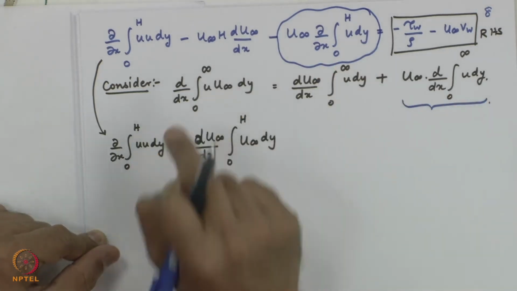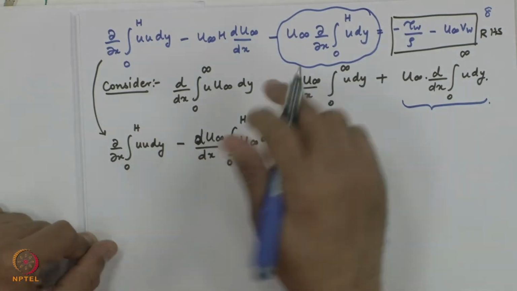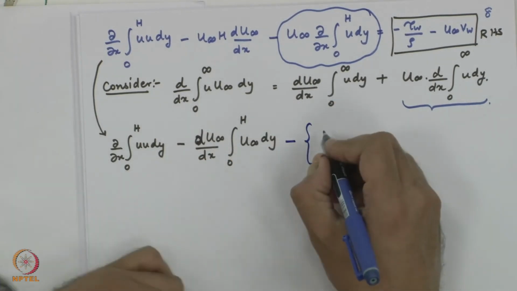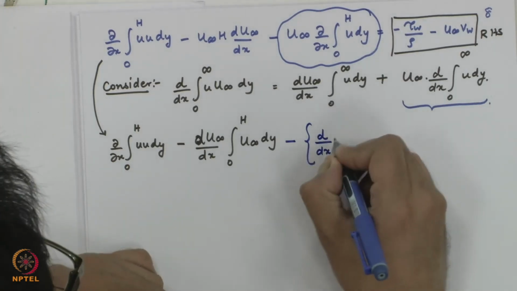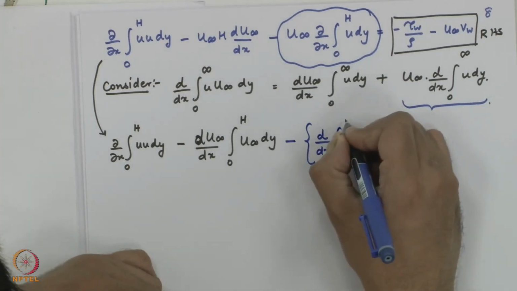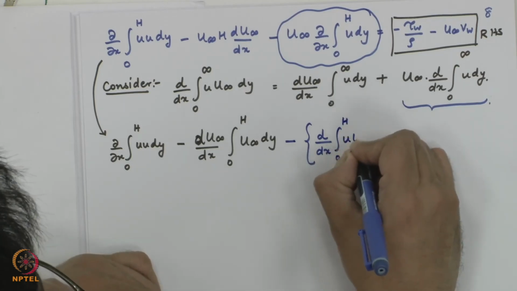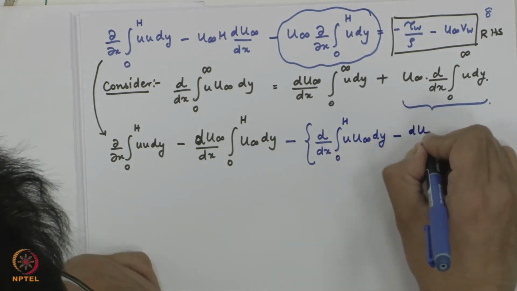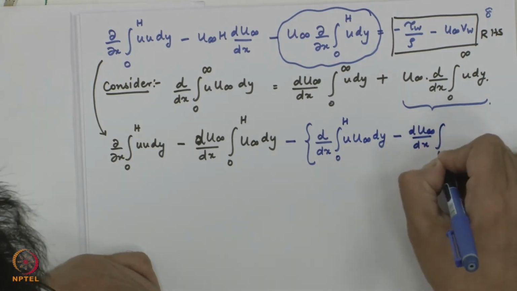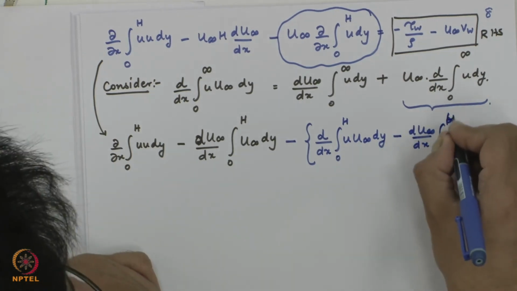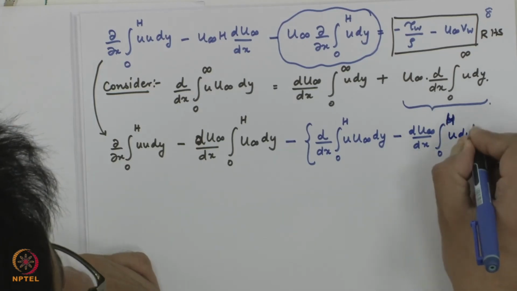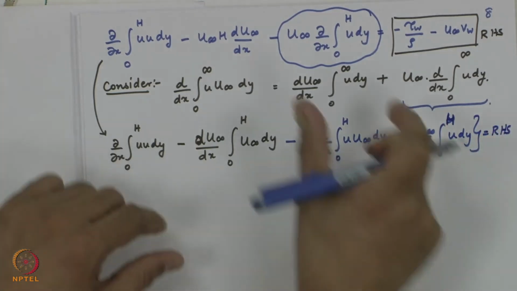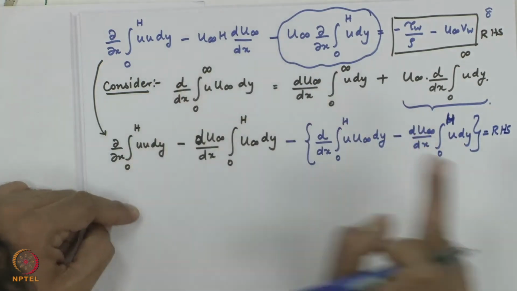So, minus of open bracket d by dx of integral 0 to h u infinity dy minus du infinity by dx integral 0 to h u dy equal to right hand side, nothing is changing. So, I have substituted for this term using this identity.